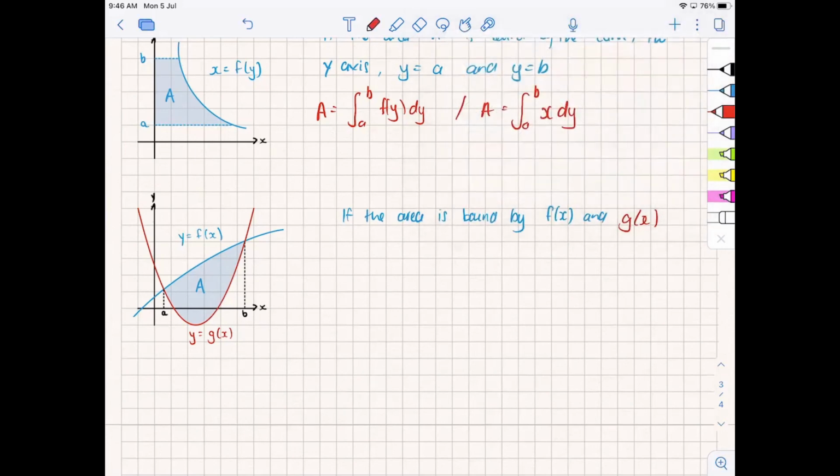The area can be given as the integral from a to b of f of x, take away g of x, right, with respect to x. Okay? And very importantly, this is where a and b are points of intersection. There we go.